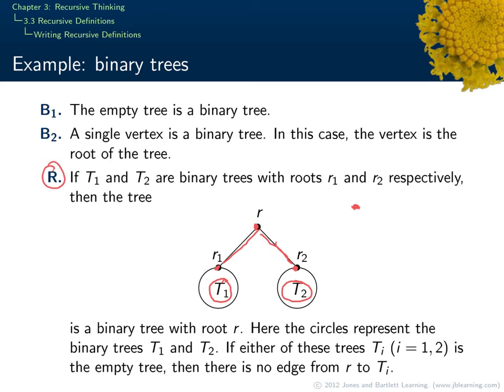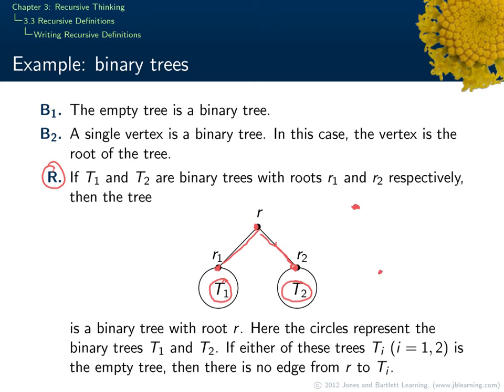Now, one thing to keep in mind is that it's possible that one or both of these existing binary trees is empty. If it's empty, then there is no top node, and so we would not form an edge in those cases. So for example, let's take two existing binary trees and put them together.